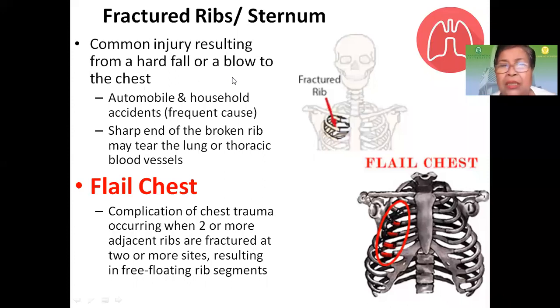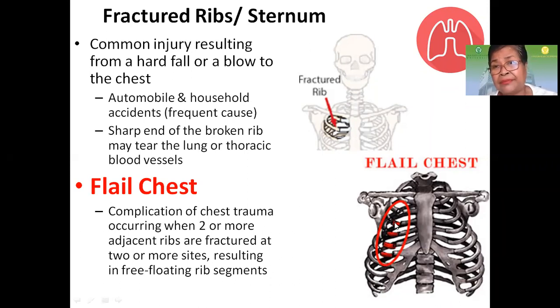Hard fall. Halimbawa, fall from hagdan sa bubong, tumama dibdib, hard fall. Or blow, nasuntok, no? Or blow, dahil siya ay driver, yung effect ng steering wheel on the chest. Nag-fracture ng ribs. Siyempre may fracture ribs, may fracture. Ano ba yung organ sa loob?